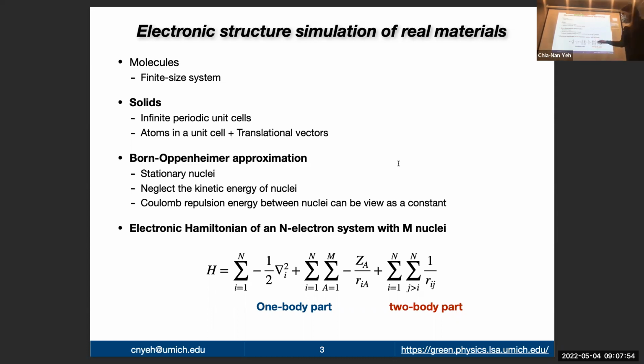So the corresponding electronic Hamiltonian of an n electron system with n nuclei looks like this. If there's no relativistic effect, you have the kinetic energy term from the electrons, the Coulomb interaction between electrons and nuclei, and the Coulomb interaction between electrons, which is typically the part that makes the problem intractable.